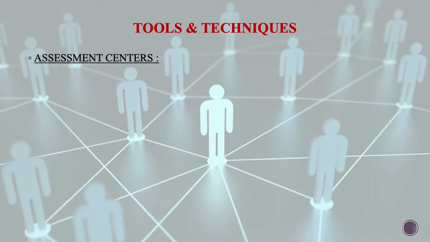So these are the steps in competency mapping. Moving on, let's discuss the tools and techniques of competency mapping. The various tools include assessment center, critical incident technique, interview, questionnaire, and psychometric tests.